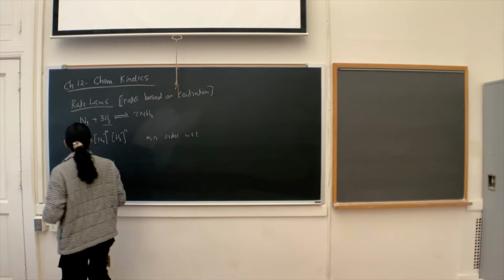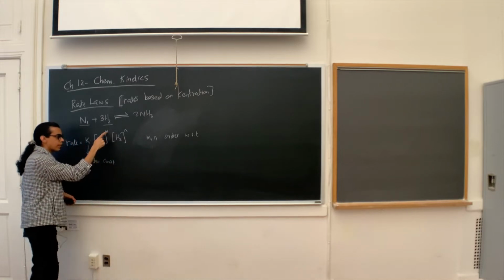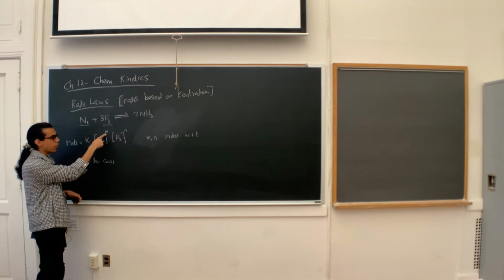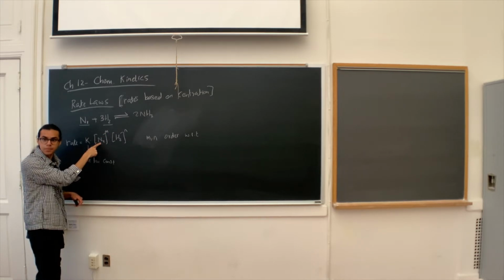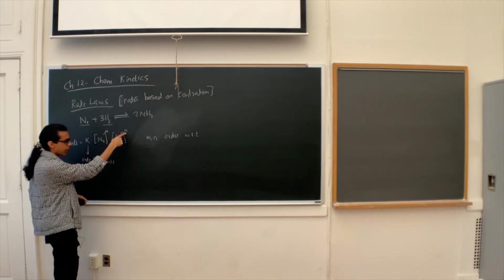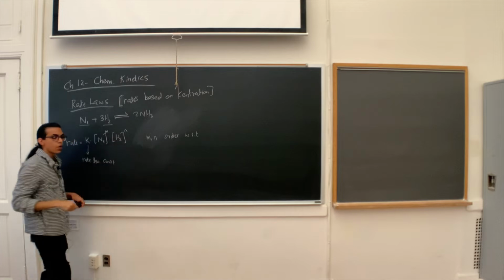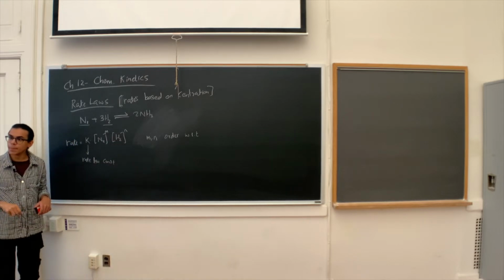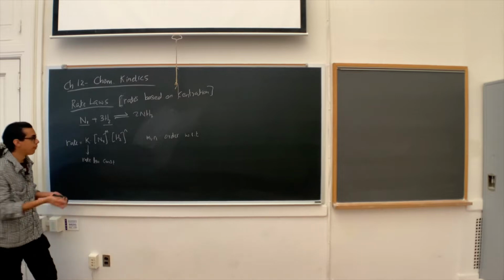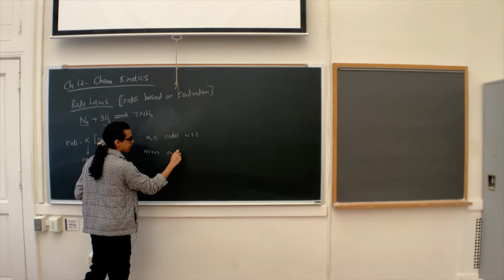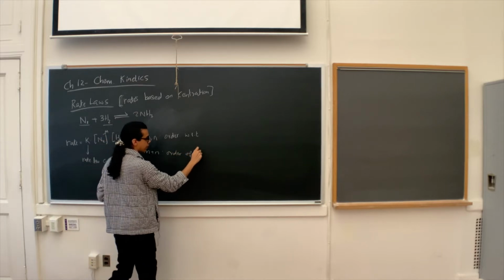So some terminology. m, which is the power of N2, you would say m is the order of the reaction with respect to N2. n is the order of the reaction with respect to H2. What would order of the reaction as a whole be? Yes, m plus n, the sum. So m plus n is order of the reaction as a whole.